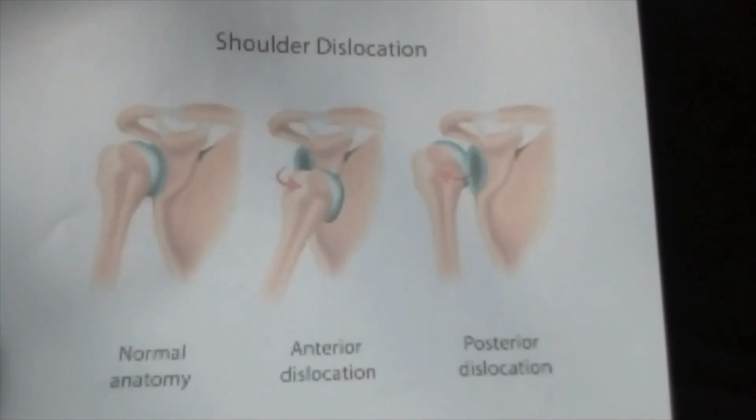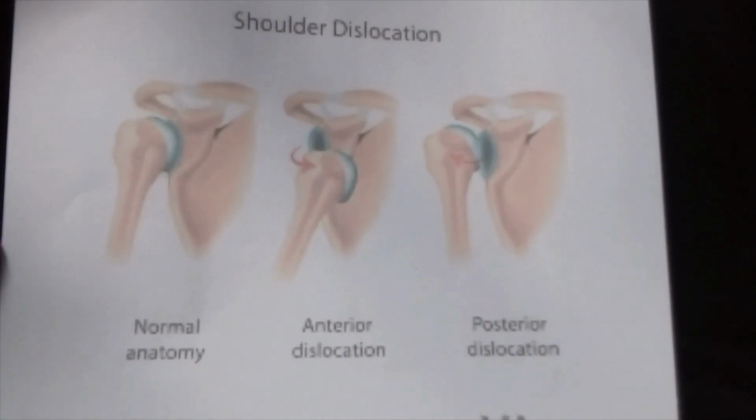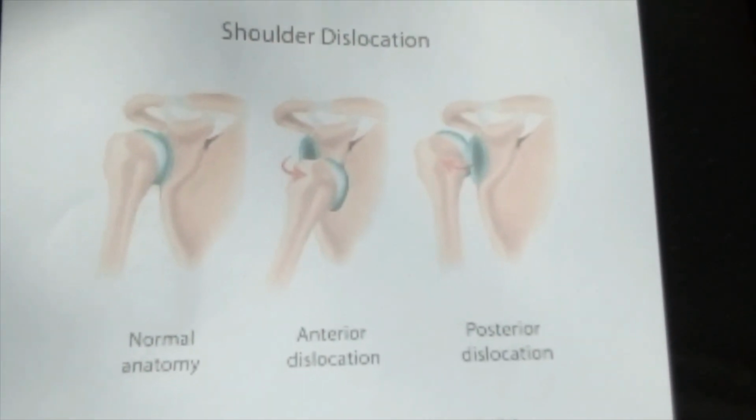often due to those strenuous arm movements or traumatic collisions that we've talked about, whether that be a collision with another player or a collision with the ground and falling onto an outstretched arm. And so again, a diagrammatic representation of shoulder dislocation.